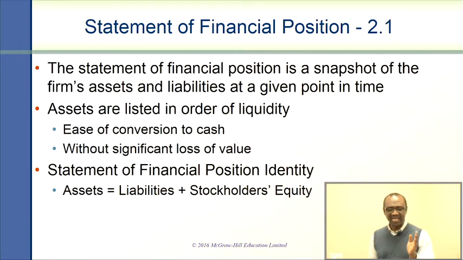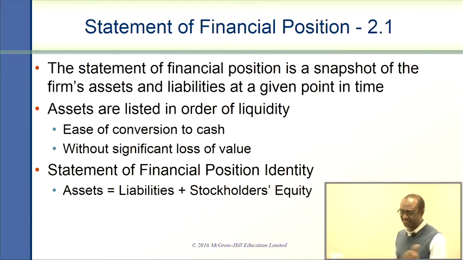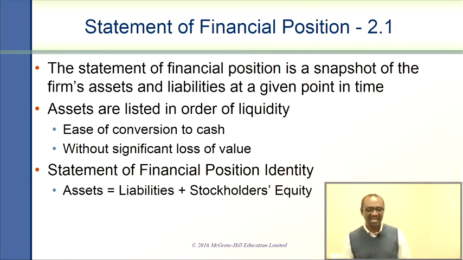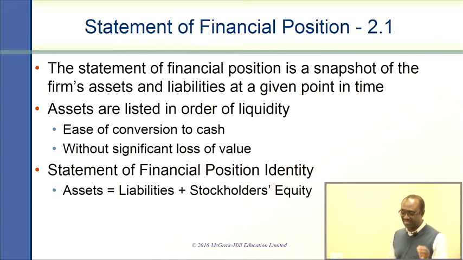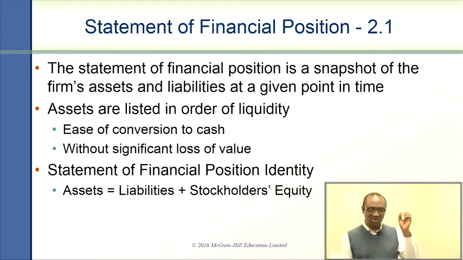Equally, the statement will identify three main elements. The first is the assets, which are the items the company owns, which they use to generate revenue for the company. Equally, we have the liabilities. Liabilities are debts or obligations that the company owes, which they have to pay to whoever lent the money to them.